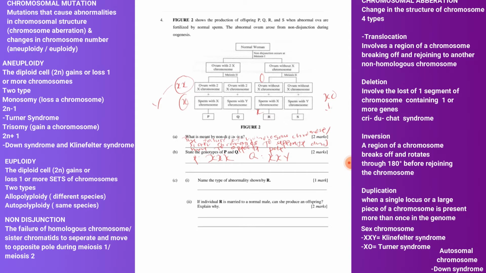It will form Turner syndrome. Okay, type of abnormality, Turner syndrome is 2n-1, right? So this that we call as monosomy. Okay, monosomy, Turner syndrome.